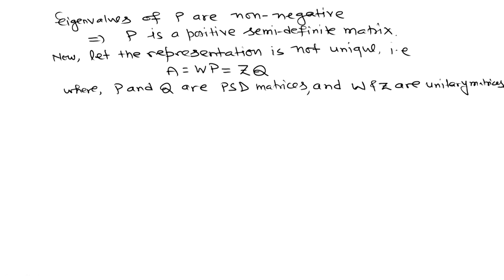So, what I need to show now is that W equals Z and P equals Q, then only I can say that the representation is a unique representation.